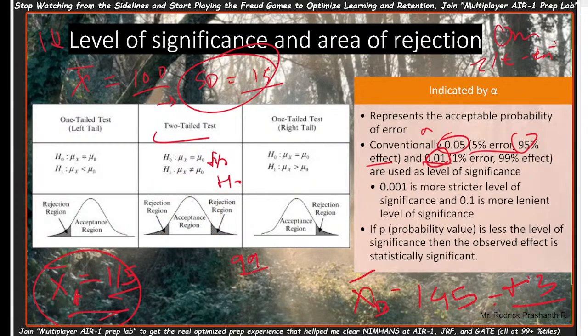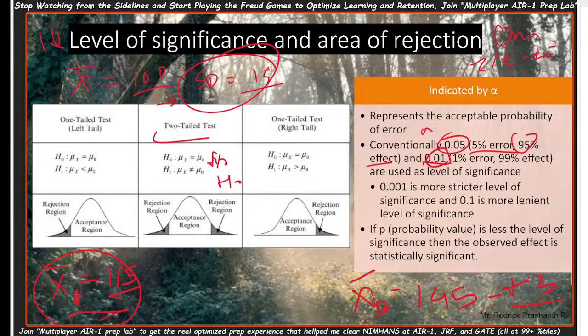If I take a sample randomly, 99% of the time it will be from this region, and 1% of the time it can be from here or here, as in 0.5% here, 0.5% here. That is what we say for 99% confidence and 0.01 error or 1% error.